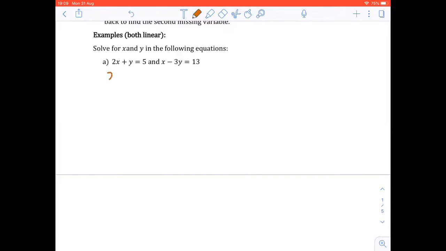So I'm going to leave the first equation as is, 2x plus y equals 5. And for the second equation, I'm going to make x the subject of the formula. So x equals 3y plus 13. All I've done is isolate the x by taking the negative 3y over to the other side. What you do next is label your two equations.